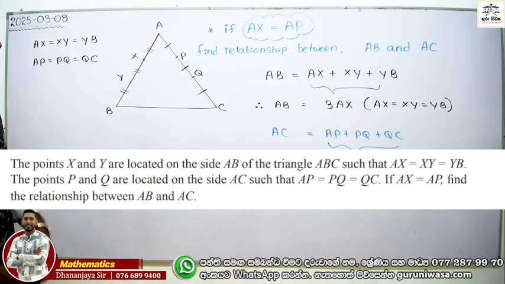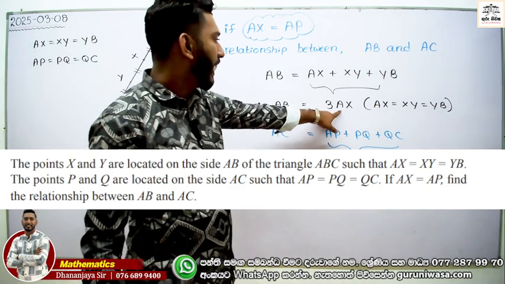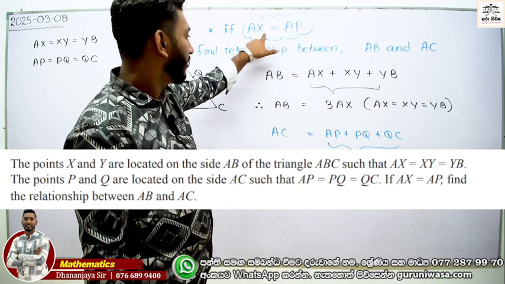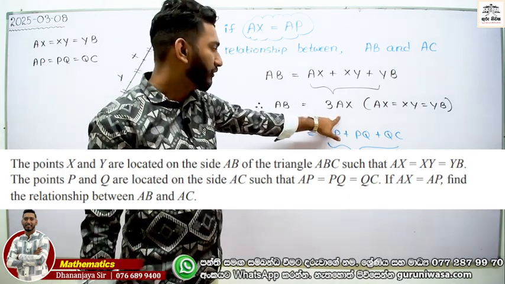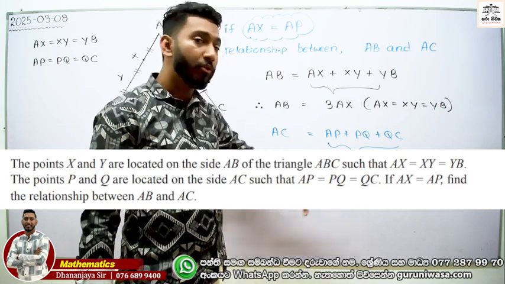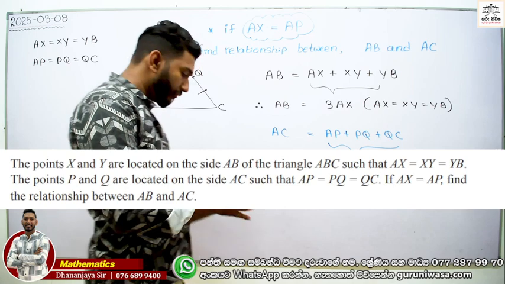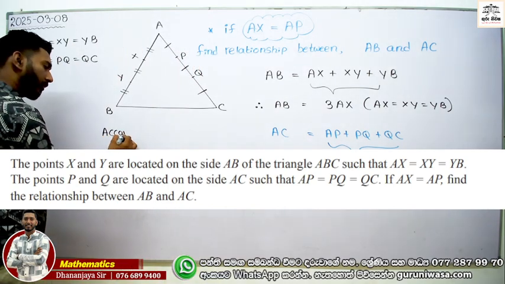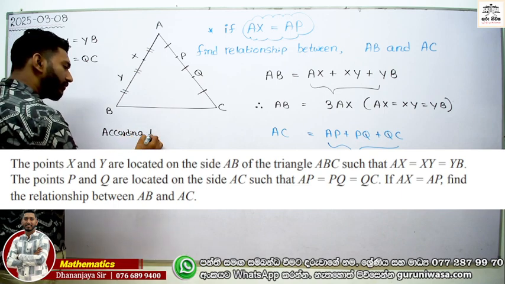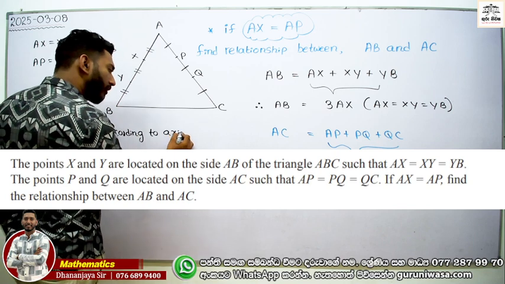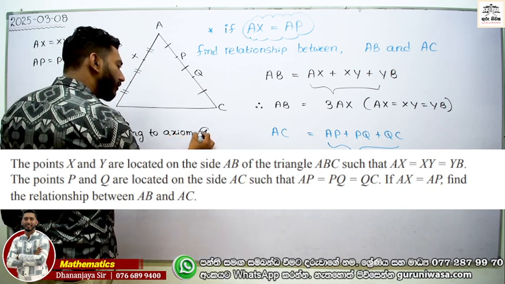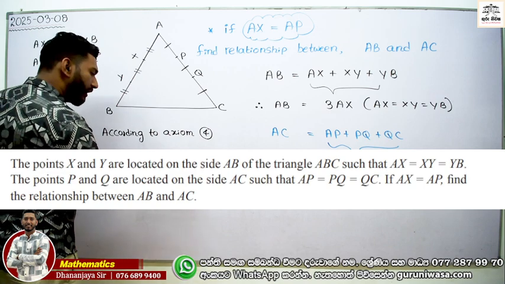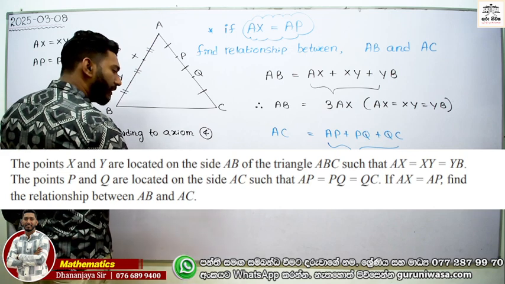And now we know AX and AP are equal. Look at that: 3 times AX, 3 times AP. Therefore, according to axiom number 4, we can write 3 times AX equals 3 times AP.